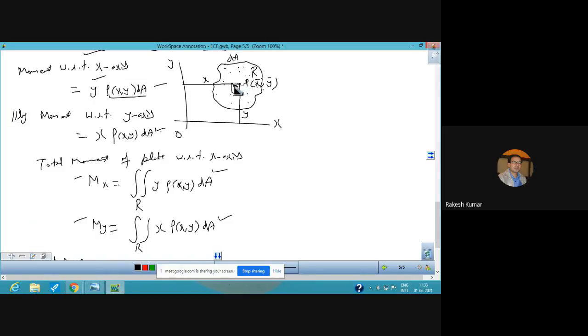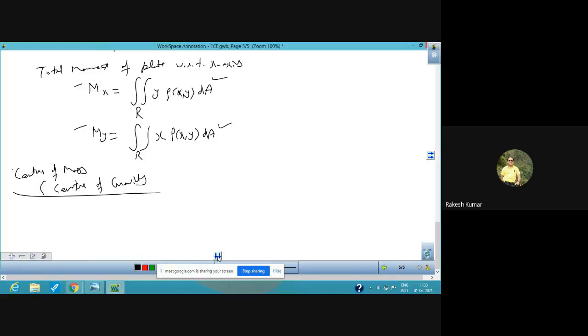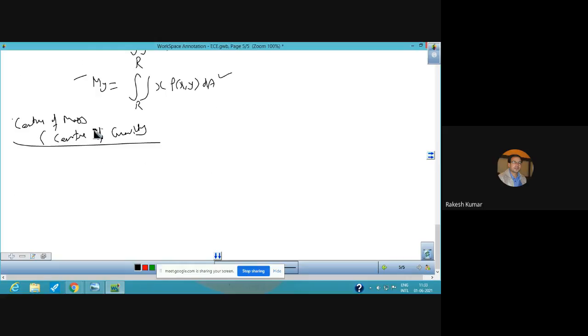So physically, the center of mass is the point at which the total mass of the plate could be concentrated without changing its moments with respect to either of the axes. So we can find out the coordinates of the center of gravity, that is x bar and y bar. For finding x bar, this is the ratio of the moment about the y-axis, that is My, divided by mass.